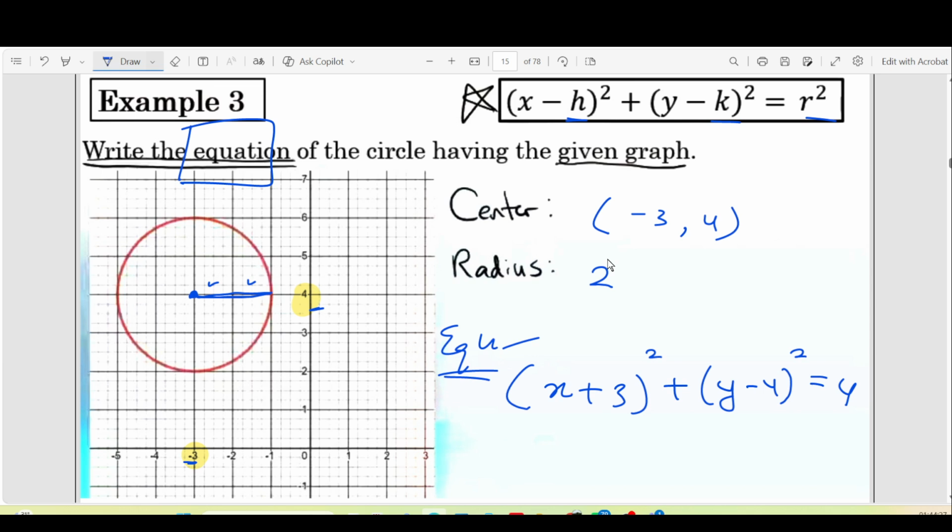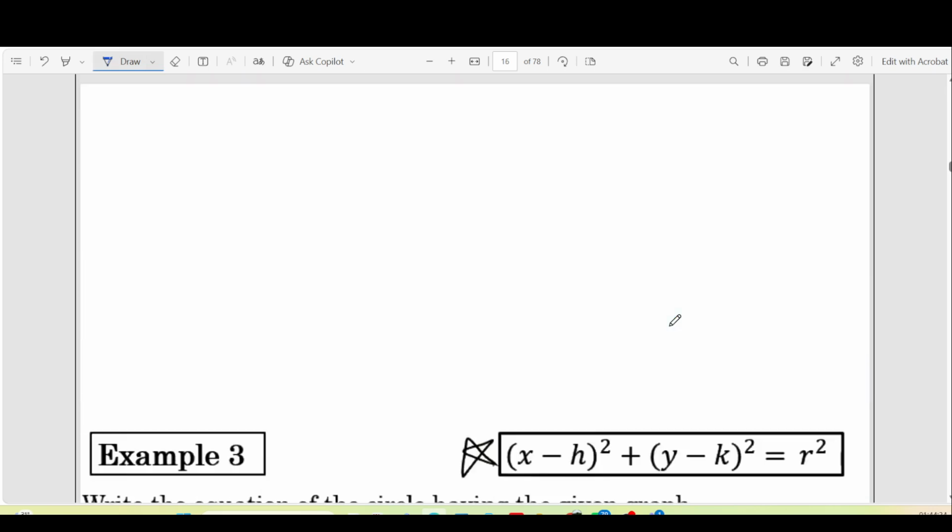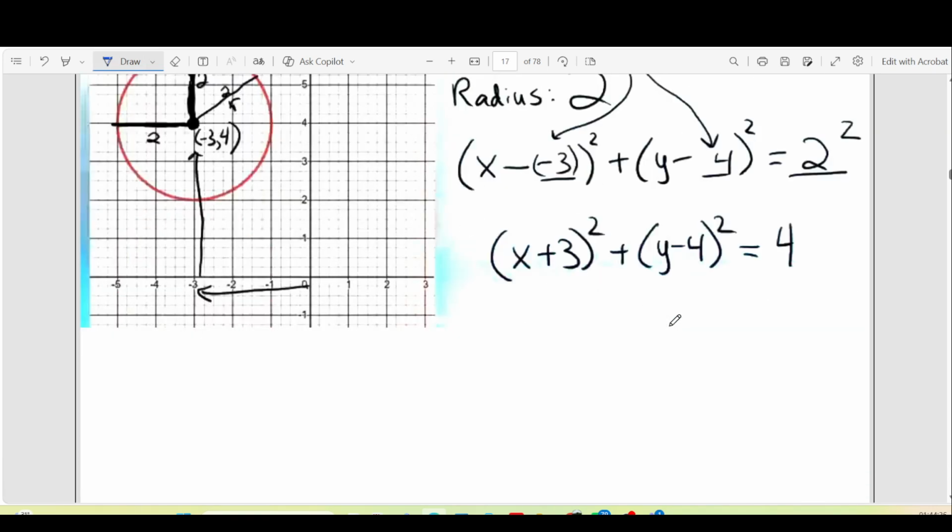Wouldn't it be 16? Oh, no, it would be 4. My bad. Yeah, the radius is 2 and the radius squared is 4.